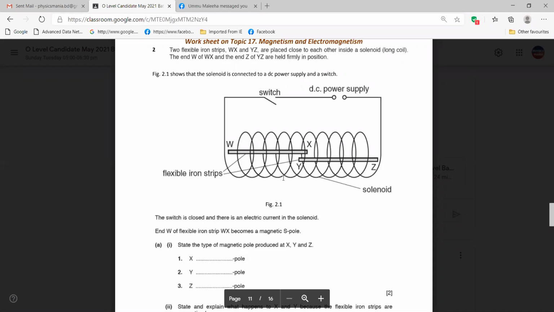And of the flexible iron strip, WX, W becomes a magnetic south pole. So at W you are getting the south pole, right? So X will be the north pole. It's pretty sure, right?